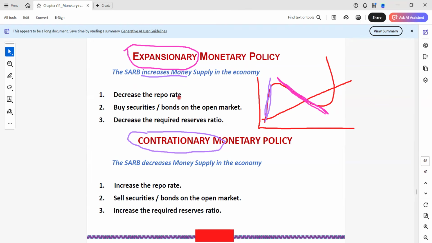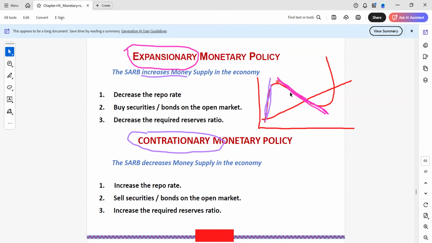If they decrease the repo rate, that is the interest rate which is charged to our banks, the commercial banks will also decrease the interest rate. If they decrease the interest rate, then it becomes cheaper to borrow money from the bank, so people are going to go and borrow money from the bank. That will increase the amount that people have, which will increase consumption expenditure.